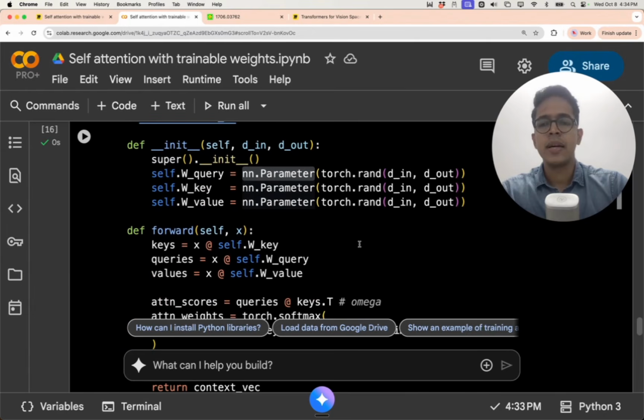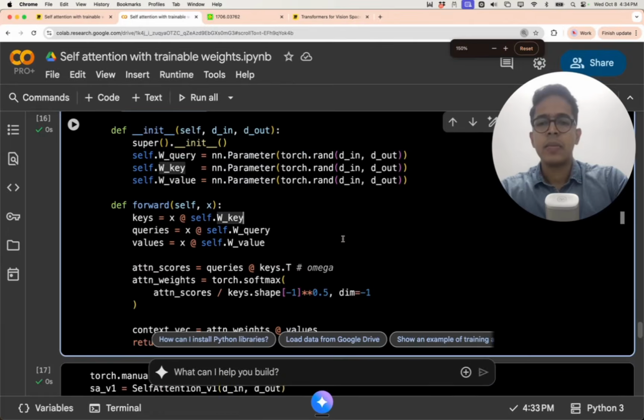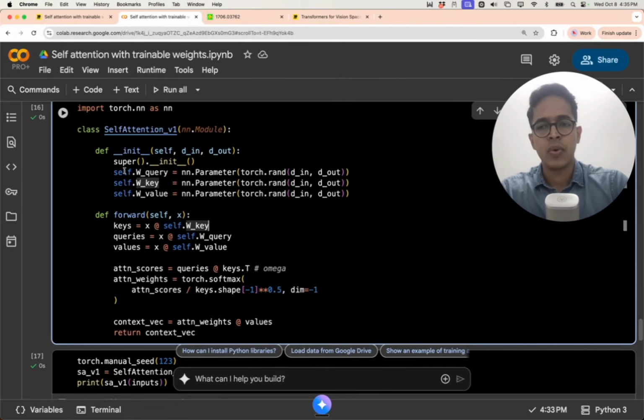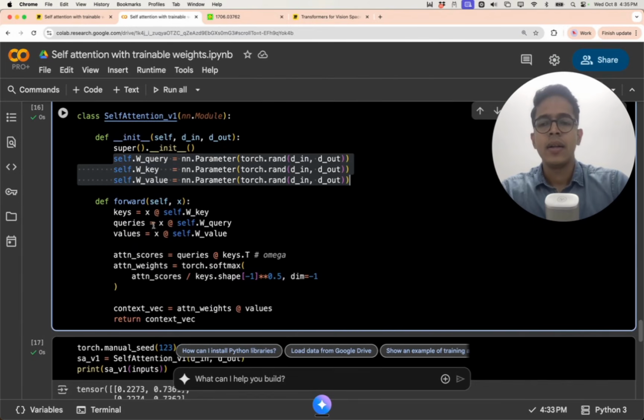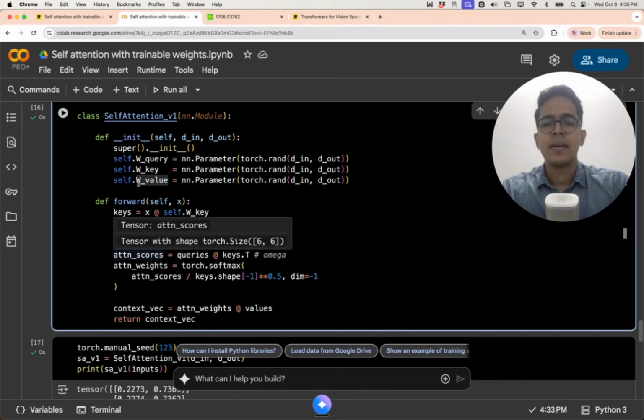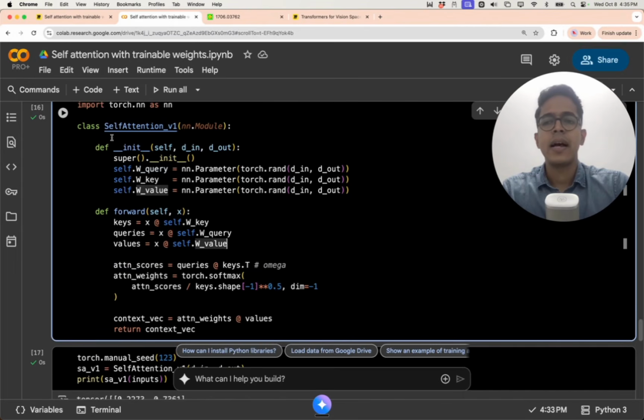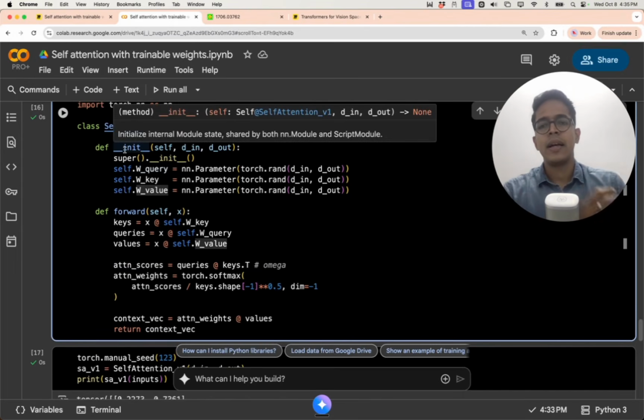All I want to show you is that whatever we have done above can now be summarized into maybe 10-15 lines of code. So we initialize the random weights for query, key, and value. Then key is equal to input multiplied by W key, query equal to input multiplied by W query, value equal to input multiplied by W value. So self.W_value is the way classes reference that particular instance of this variable. If we define a class like this, and we want to run this operation again and again, we just need to instantiate the class by creating an object.